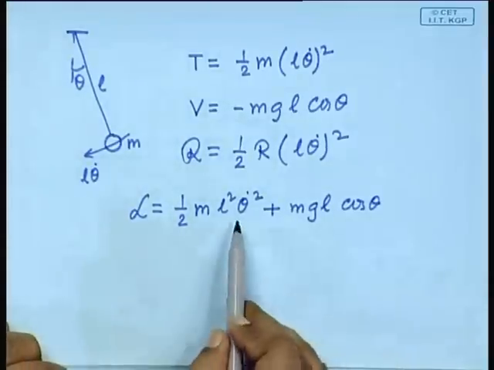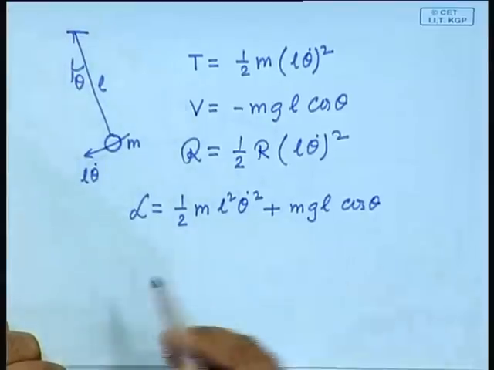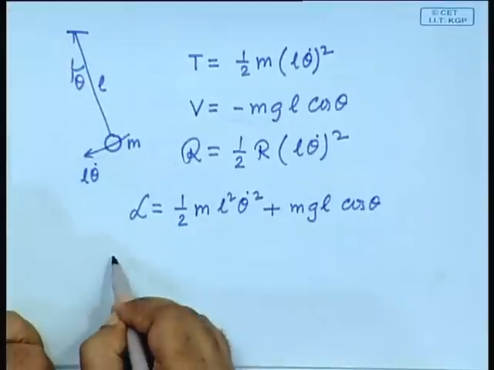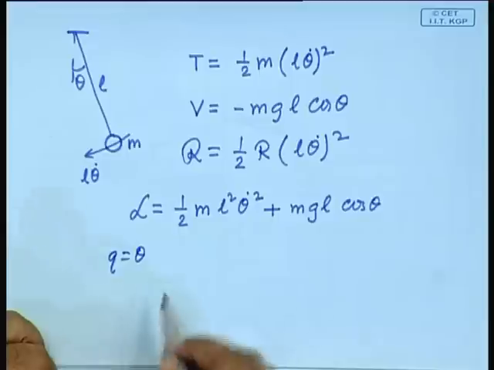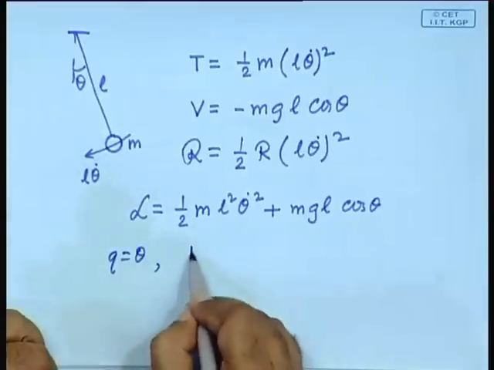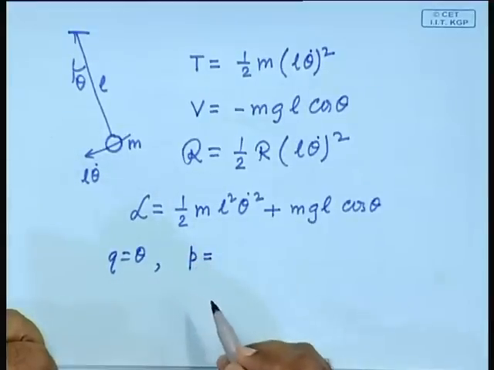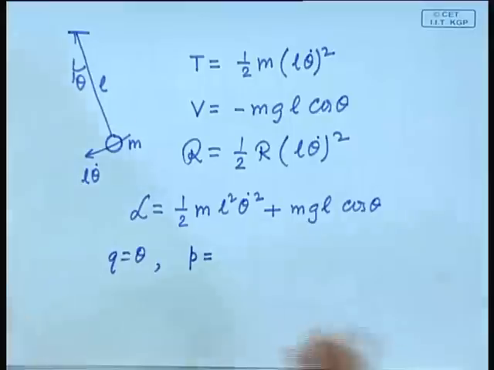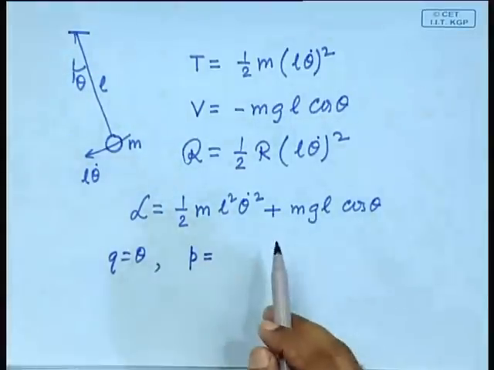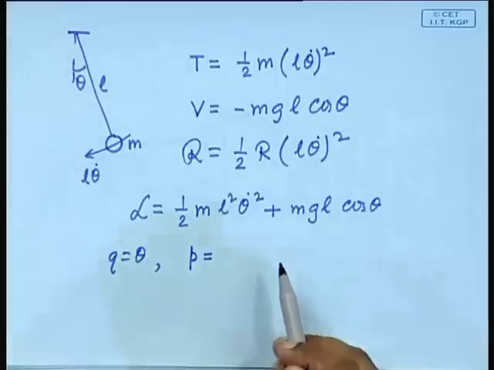Since we were considering theta as the variable, our position coordinate was q, which in this case is theta, and the momentum coordinate was p, which is the derivative of the Lagrangian with respect to theta dot. So, what was p?